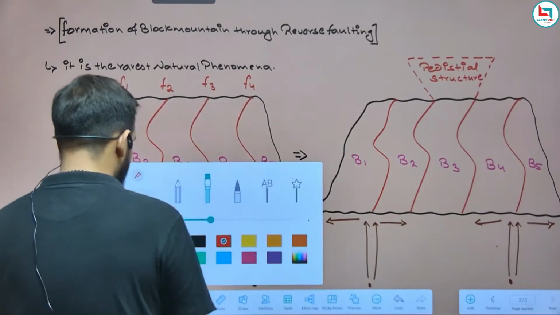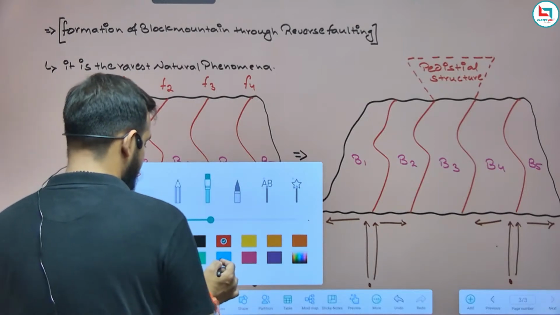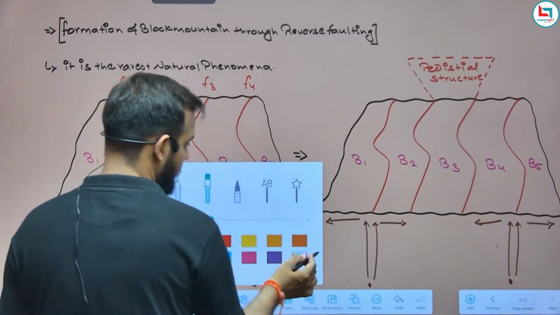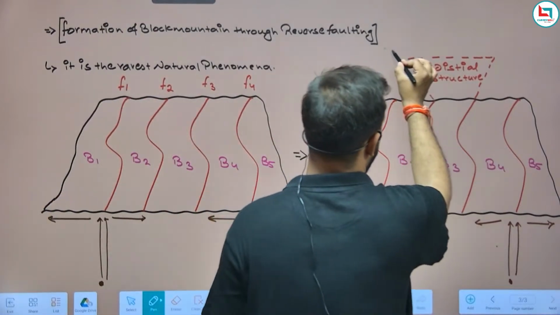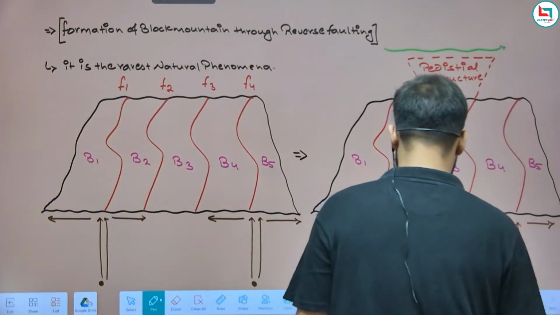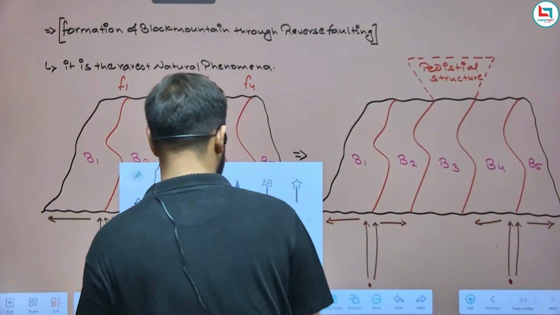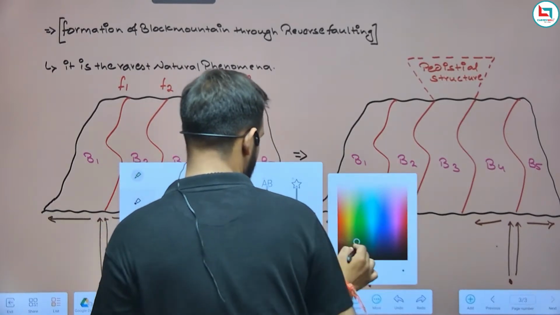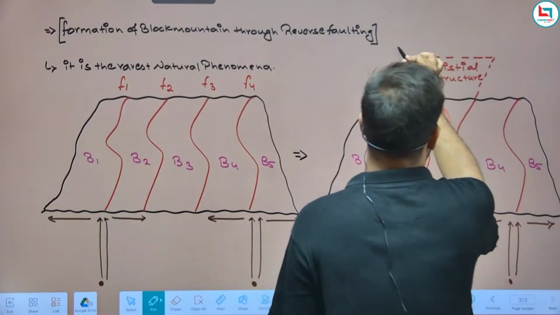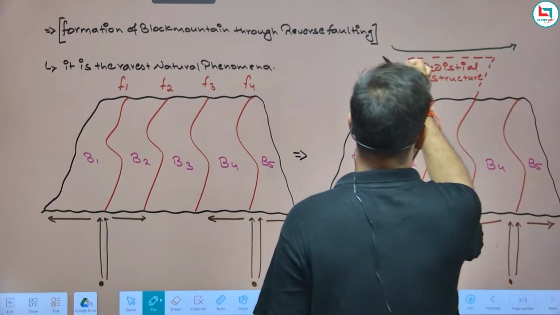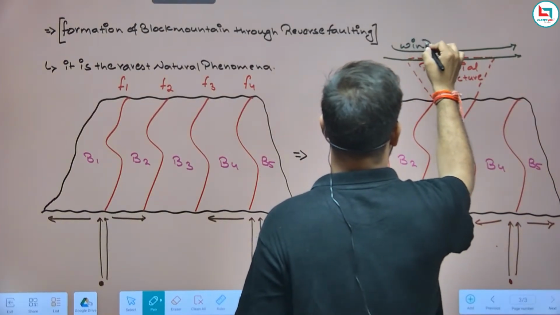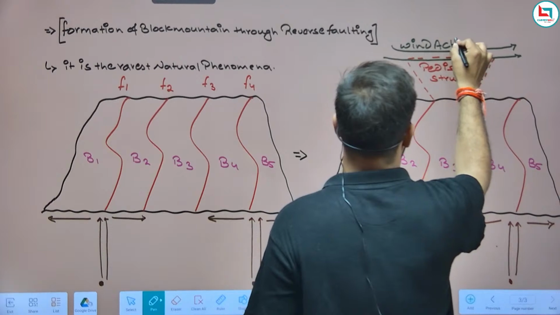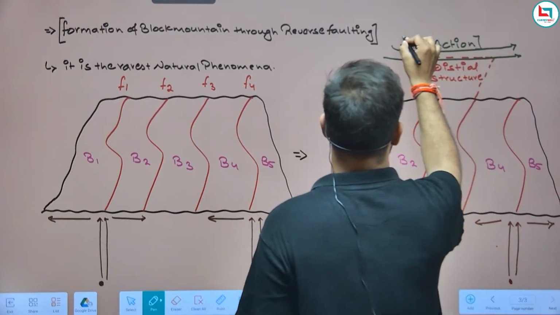There will be the erosion like this. Let me take the dark color. Okay, now like this. This is the abrasive force, wind action. So wind action should be strong.